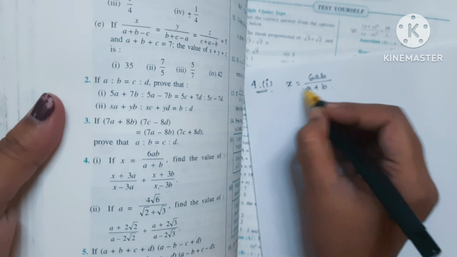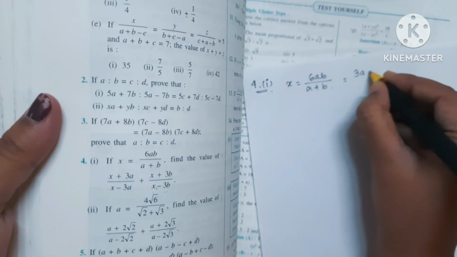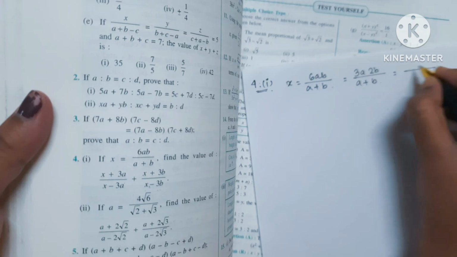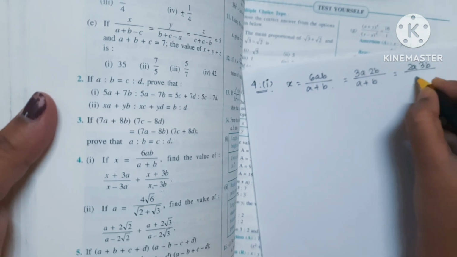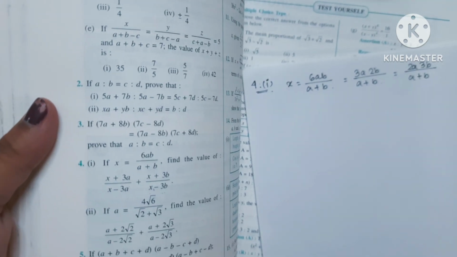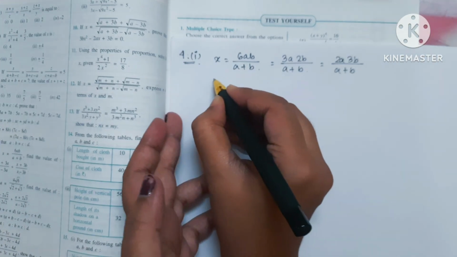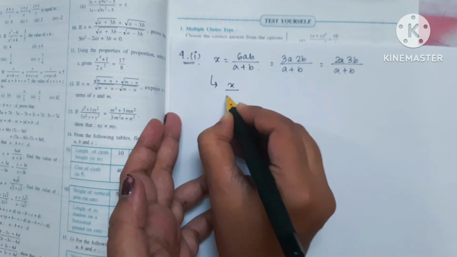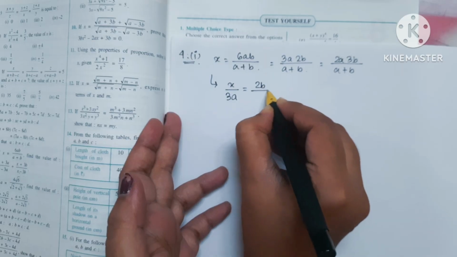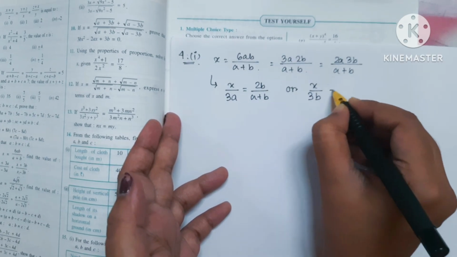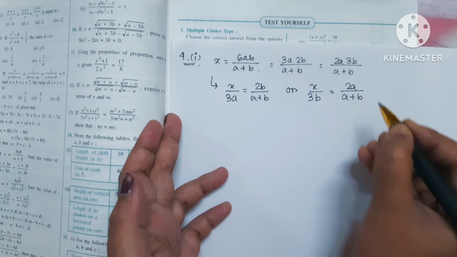So you can write this one as x by 3a is equal to 2b by a plus b, or x by 3b is equal to 2a by a plus b. Both ways you can write, right?